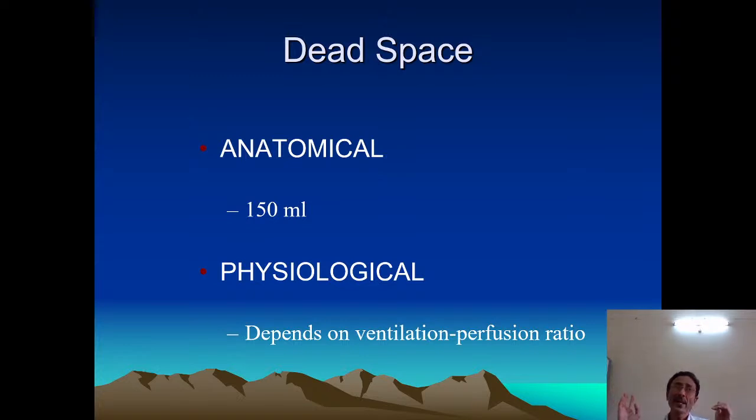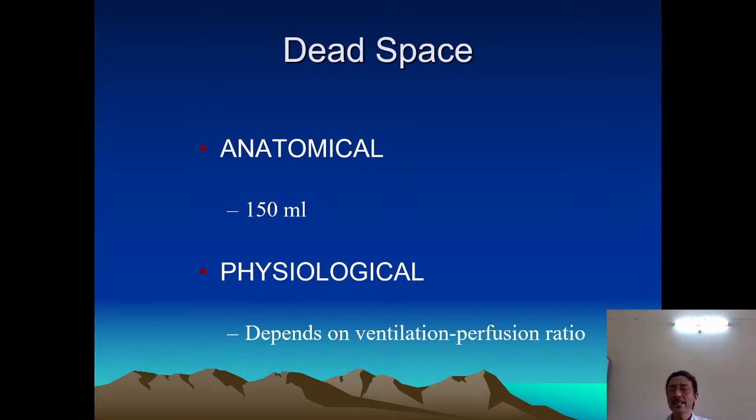So out of 500 ml of tidal volume, when you breathe in air, 150 ml of the air is present in the nose, the nasopharynx, the trachea, the bronchi and the bronchioles, where no exchange of gases is taking place. So ultimately, the exchange of gases is taking place only in the 350 ml which is present in the alveoli, because that is only capable of transferring the gases.